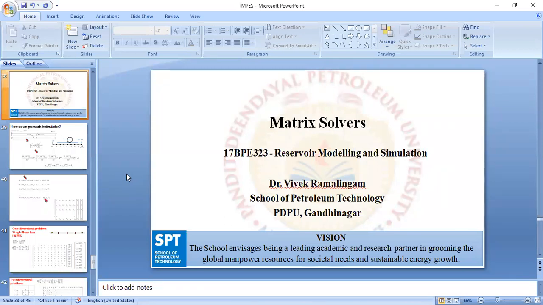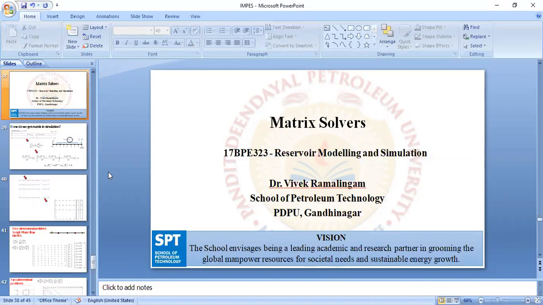So in continuation with the earlier lecture, today we will see the matrix solvers. Matrix is an inherent part of the numerical simulation methods, wherein when we try to solve an equation, after the conceptualization of a model, the conceptual model has been converted into an equivalent mathematical form, and the mathematical equation is now converted into a finite difference form, and then it is discretized into a set of equations.